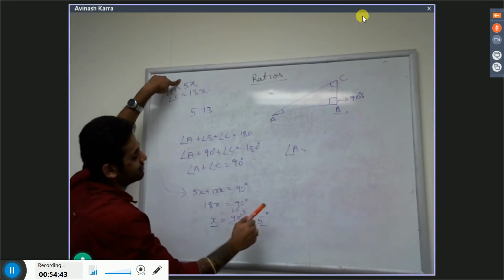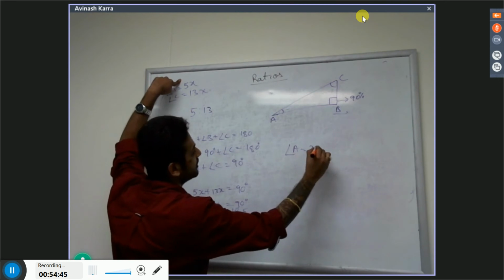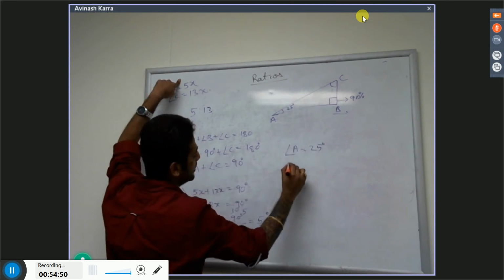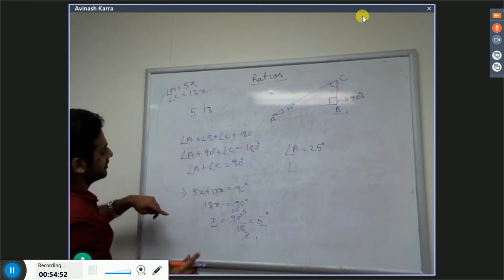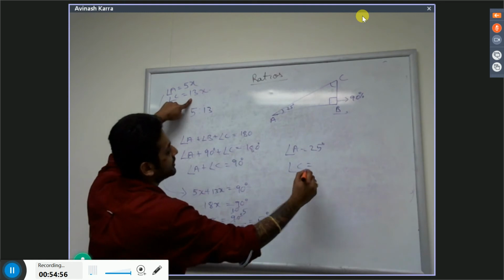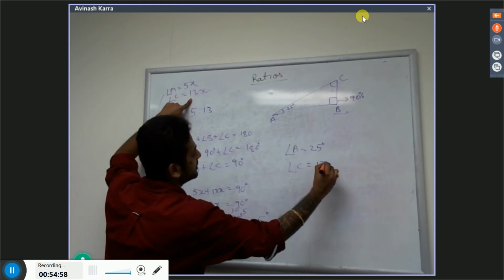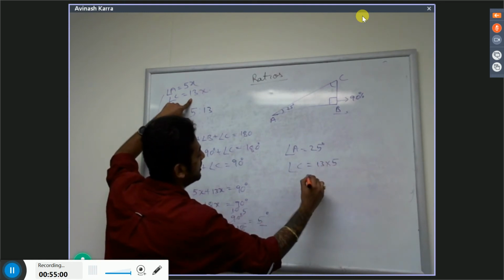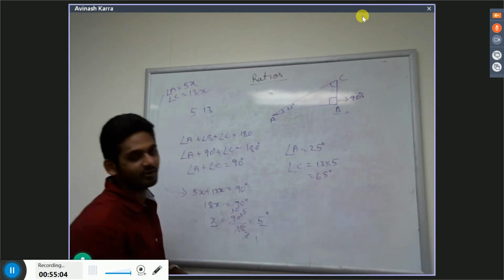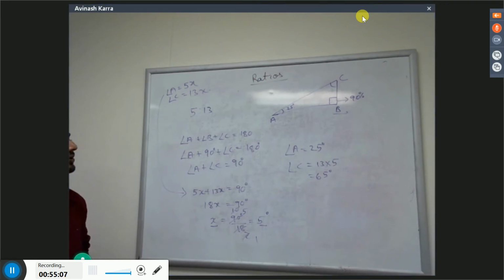What is 5x? 5 into 5, 25 degrees. So this is 25 degrees. What is the other one? Angle C. Angle C is equal to 13x. 13 into 5, which is nothing but 65 degrees.